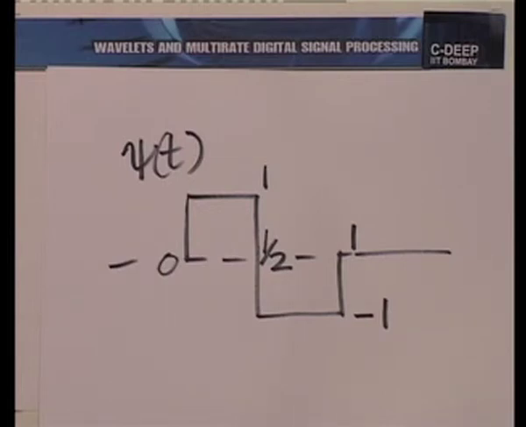Now, we have a convincing reason to conclude that there is an intimate relationship between the low pass filter and the high pass filter in the two band filter bank, and the scaling function and the wavelet function in the multi-resolution analysis. In fact, we have constructively established that relation.